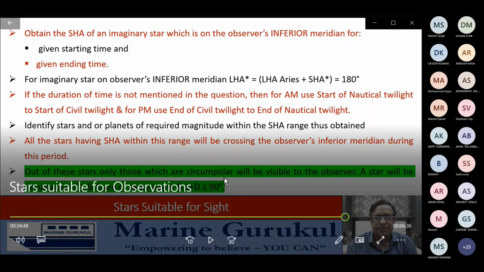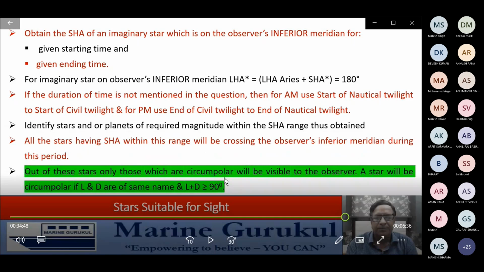So how will we check that? We know the condition for circumpolar bodies: L and D of the same name, and latitude plus declination should be greater than or equal to 90. So this is what we will do if we want to check whether a star will be visible or not.